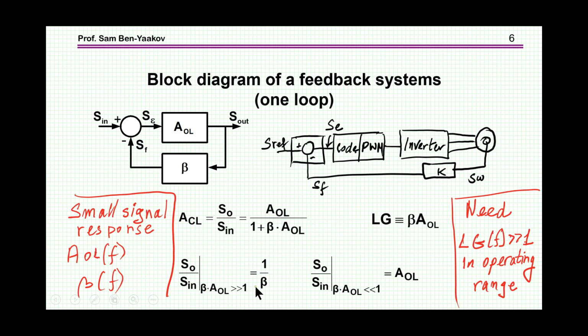Because this means that whatever the system is, by properly designing the controller, making it in the frequency range that you are interested at, this beta A very large, you end up with an expression or transfer function between input and output, such that the system itself has no influence on the transfer function.